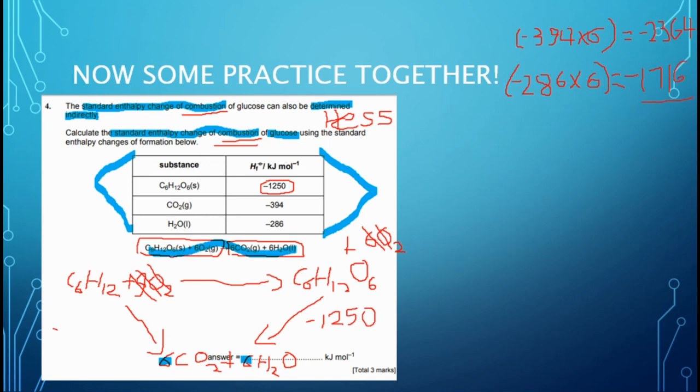Now if we get these totaled, we get a value of minus 4080. So here we put 4080.